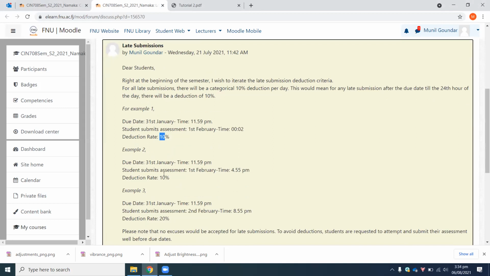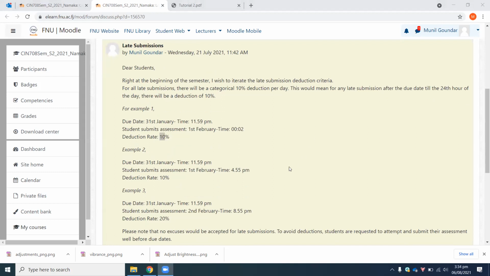If you submit your assignment, let's say, within a 48-hour time range, there's another 10% added to it, so 20% in total. So that's your deduction rate. Within a 24-hour time range, 10%.